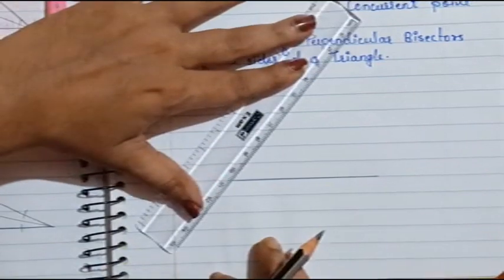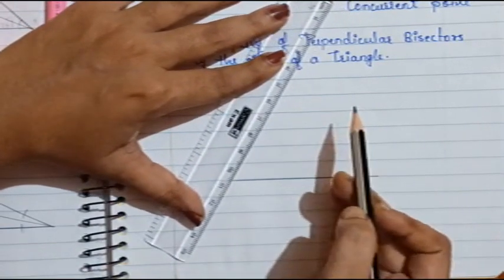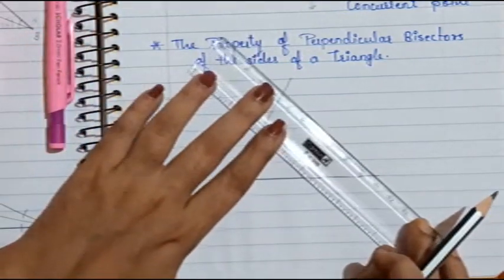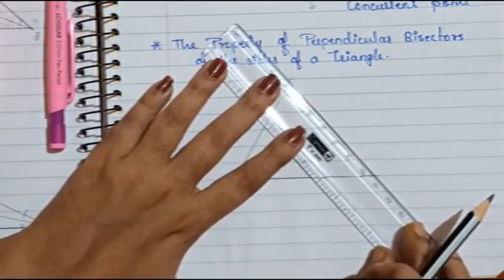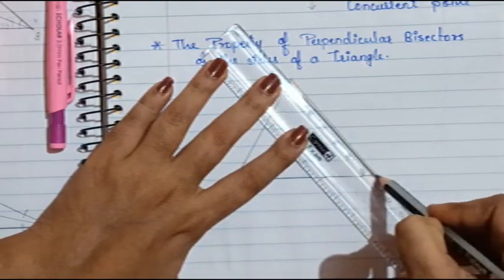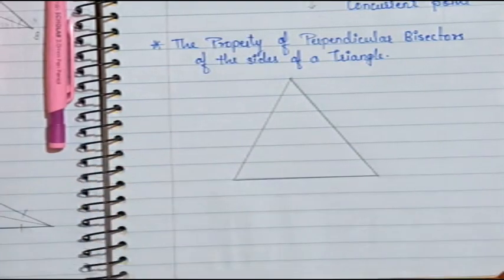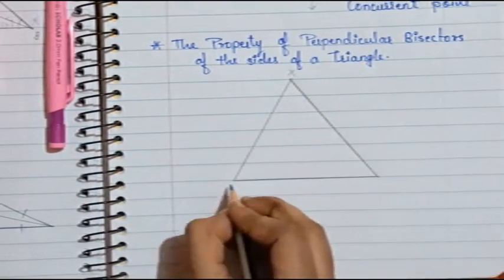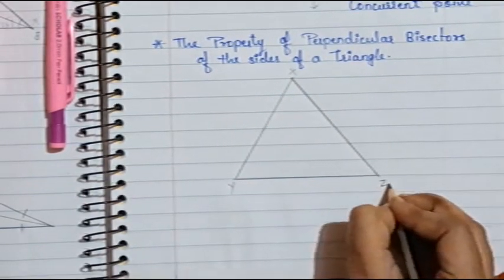I am not measuring the triangle. Okay, I have constructed a triangle and we will name it the triangle X, Y and Z.